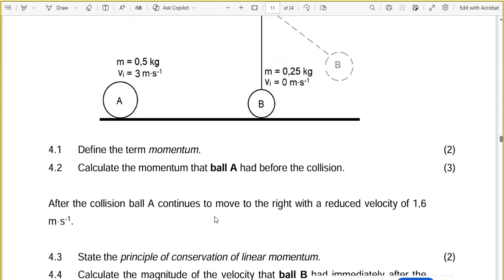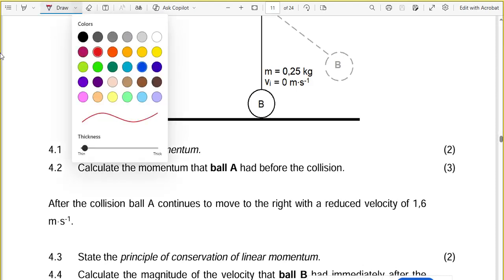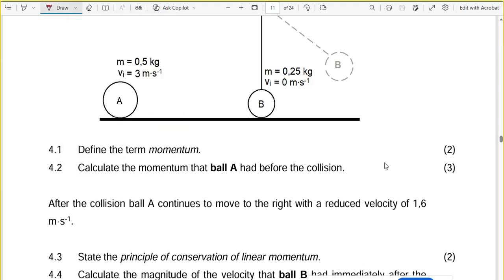Remember, we just talked about what we call the momentum. We just defined the momentum, even though I did not write the definition down for you. But this time I'm going to put the definition down. The first one says define the term momentum.